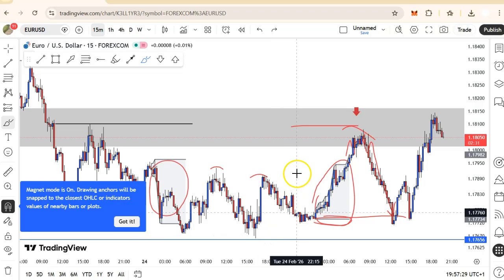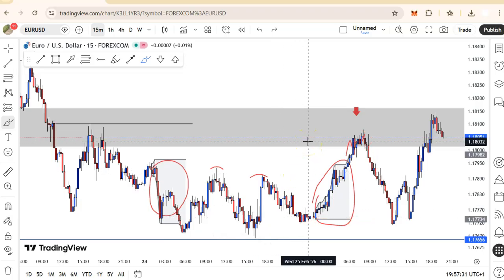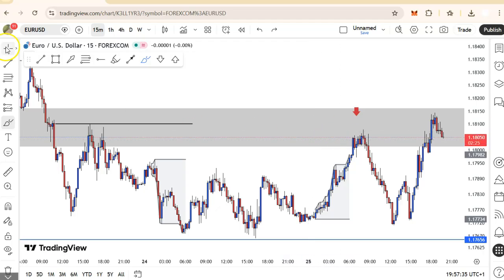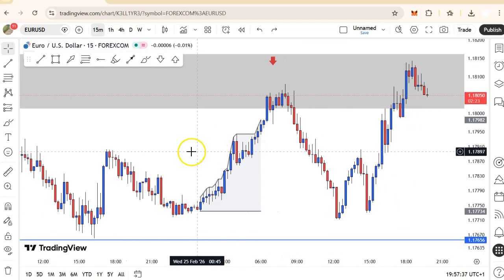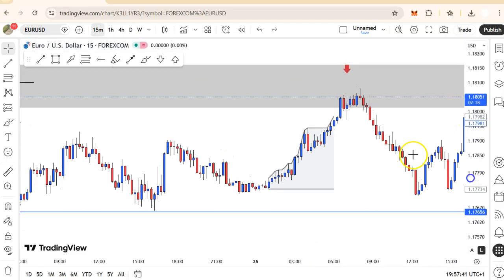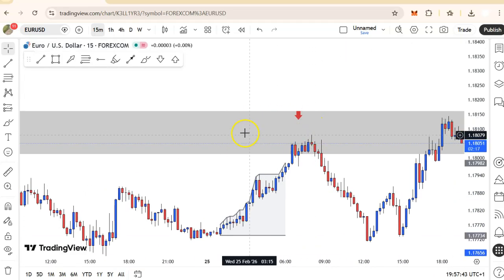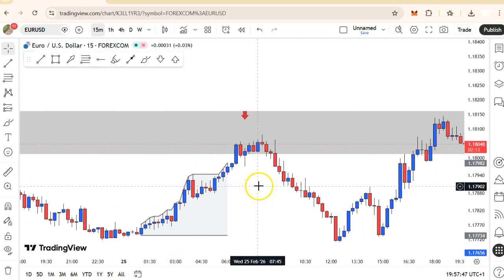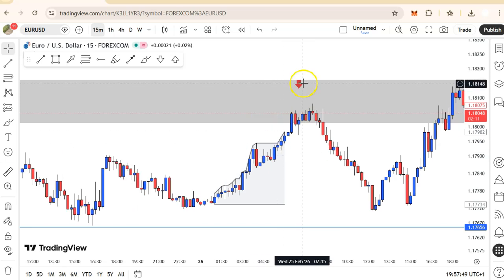Now let's zoom in a little bit to today's price action and why we were looking for that short move here. As we said already before, this gray area is the 4-hourly imbalance, and we are always looking for the accumulation, manipulation, distribution.